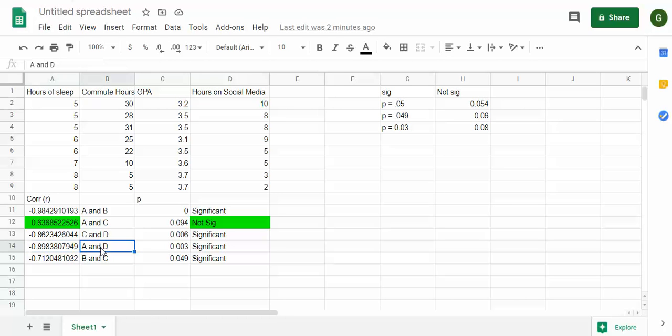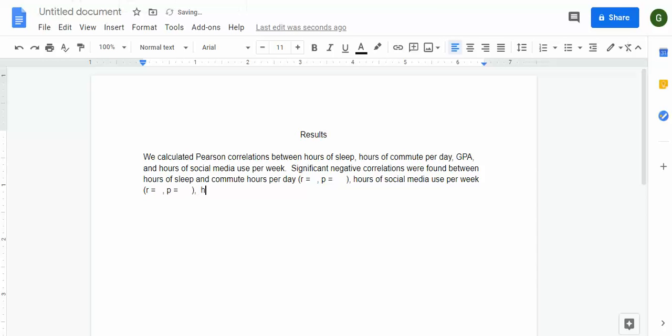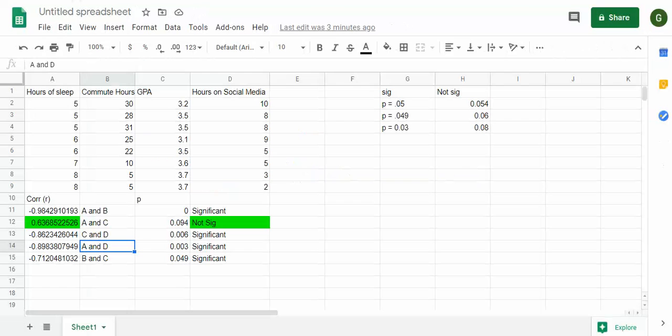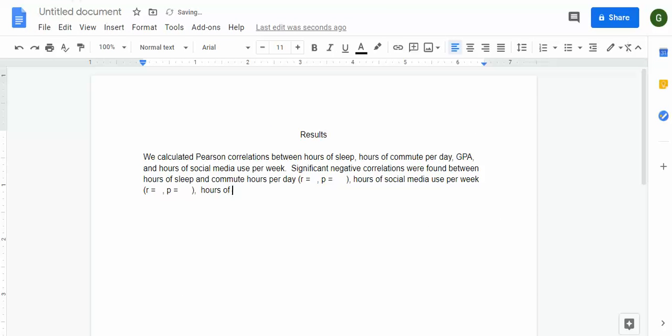A and D, that's my next significant negative correlation, which is hours of sleep and hours on social media. And then just keep going until you get to the last one.